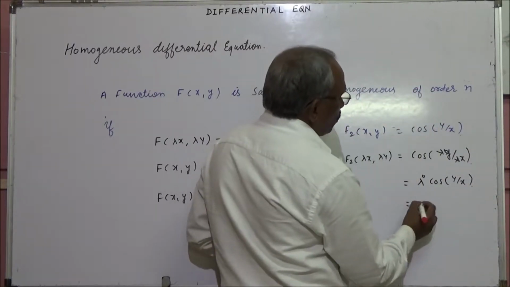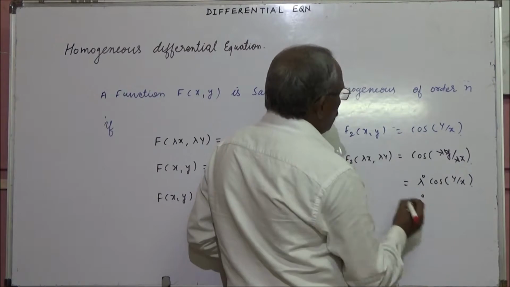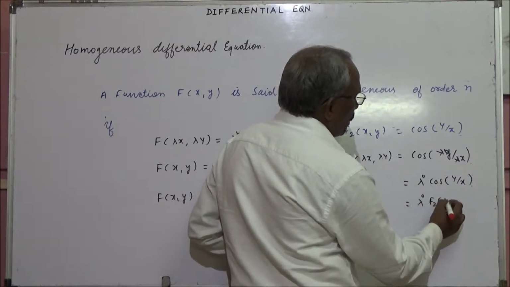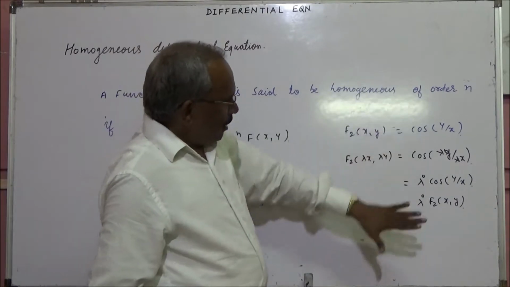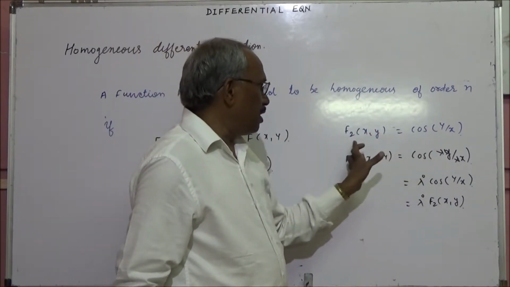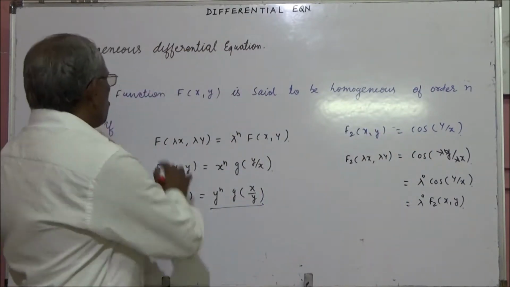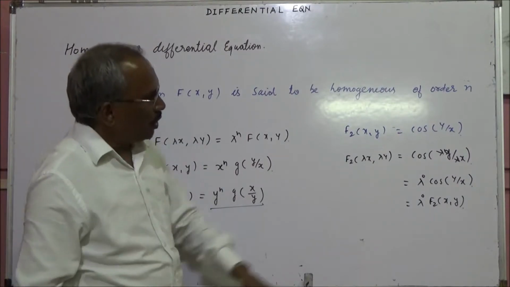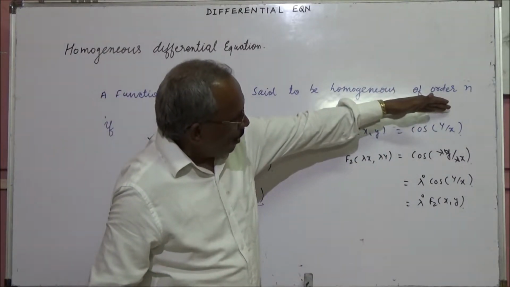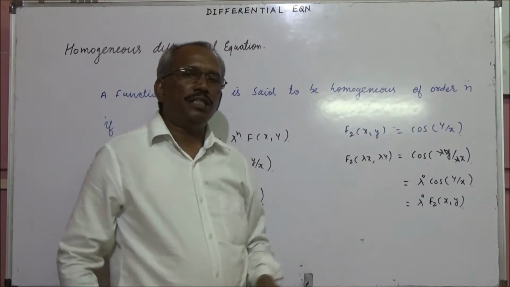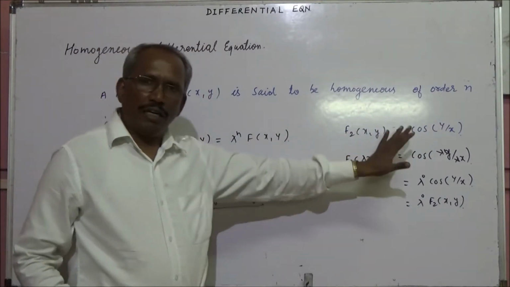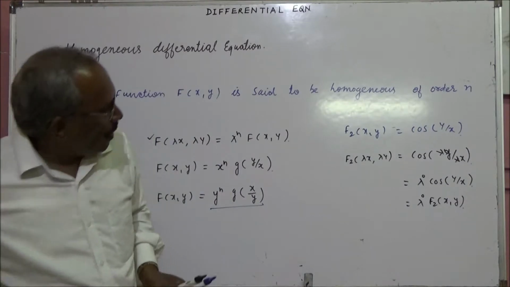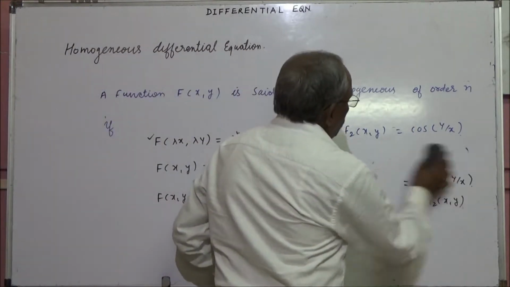So this is equal to λ raised to 0 f2(x, y). So therefore I can say that this function can be written in this form. So therefore cos of y by x is a homogeneous function. इसको ये दोनों टाइप में भी we can write. Now let us see one more function here.